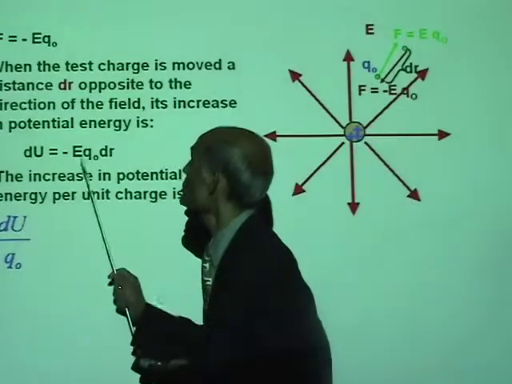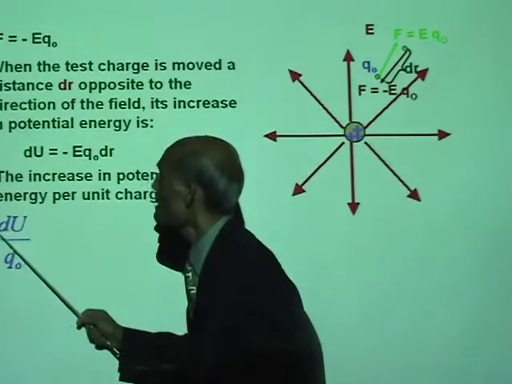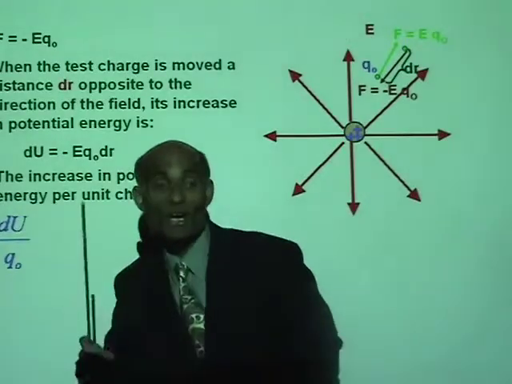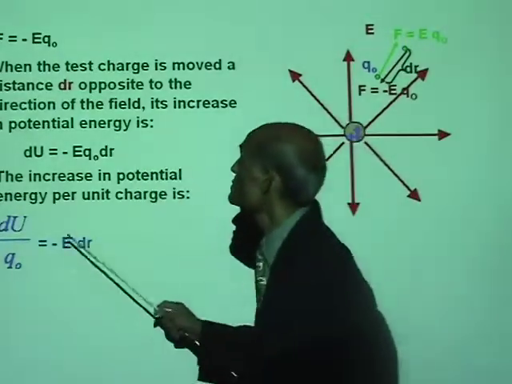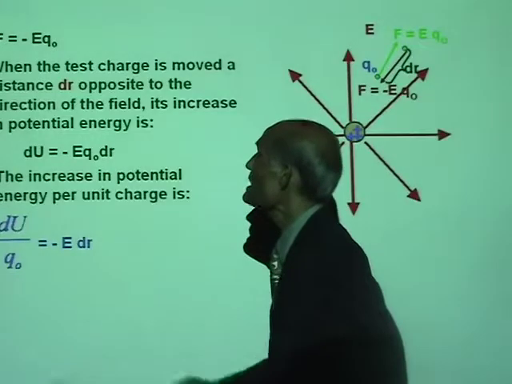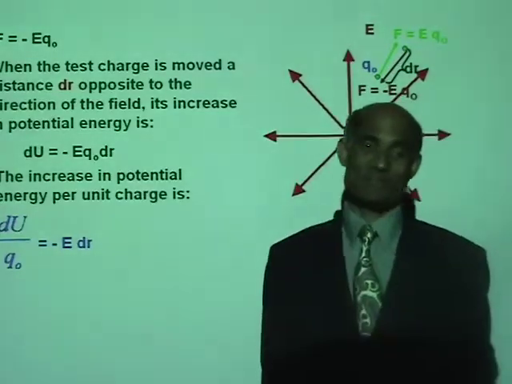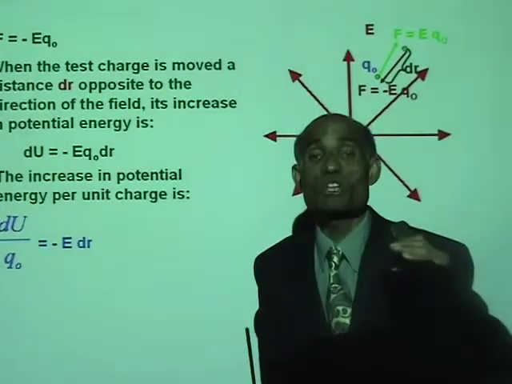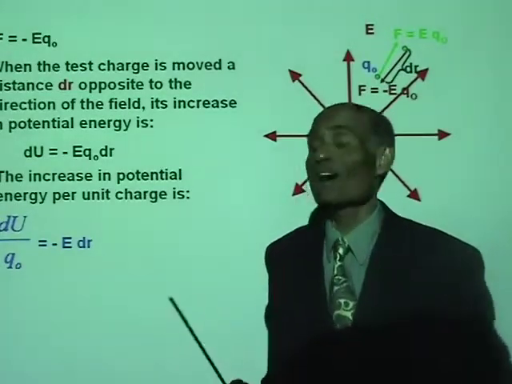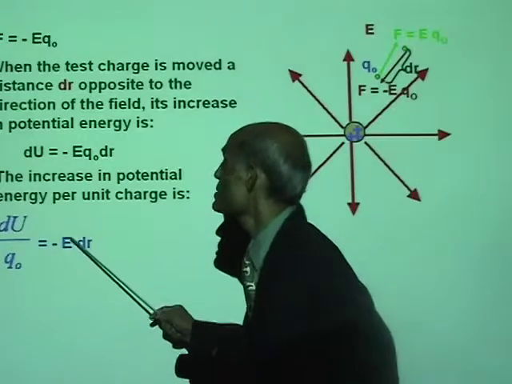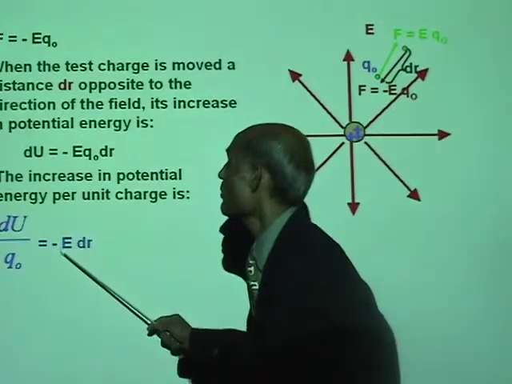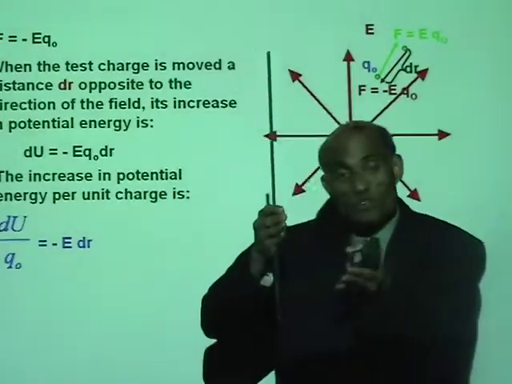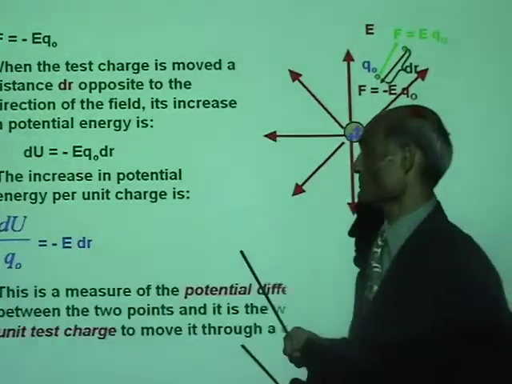We get dU over Q0, that is the increase in potential energy per unit charge, equal to negative E dr. A very interesting equation. The increase in potential energy per unit charge equal to negative E dr, where E is the electric field and dr is the small distance moved.